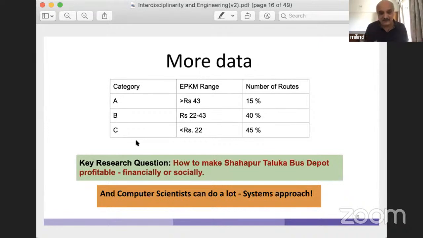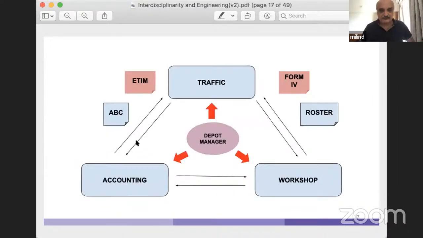Essentially, we have the systems approach. So now that we have introduced the enterprise, let's look a bit deeper. So this is how the Taluka depot looks like. By the way, if you remember your Intel chip architecture and so on, this is really the ALU, and this is the instruction pipeline.